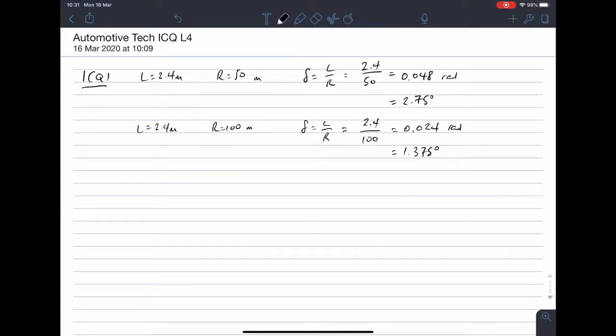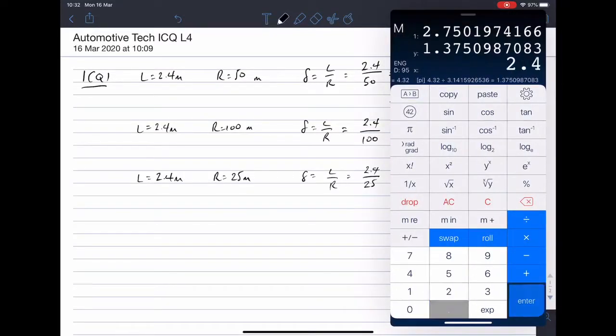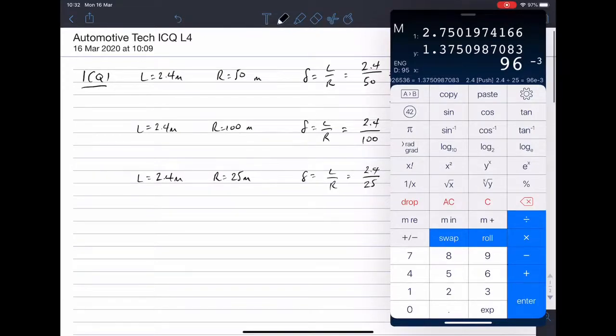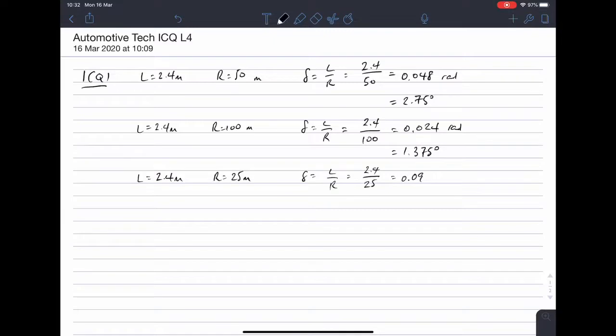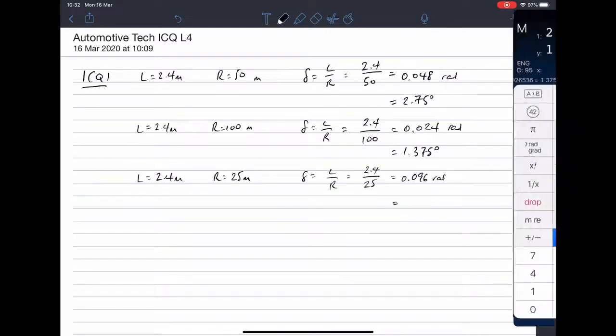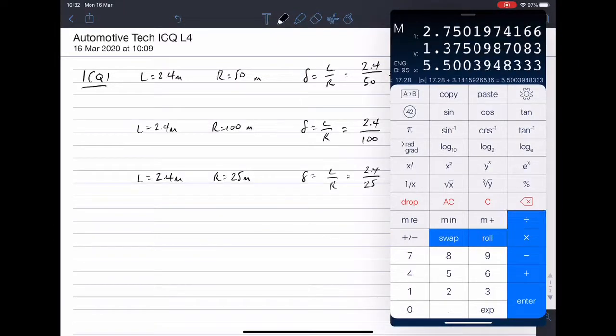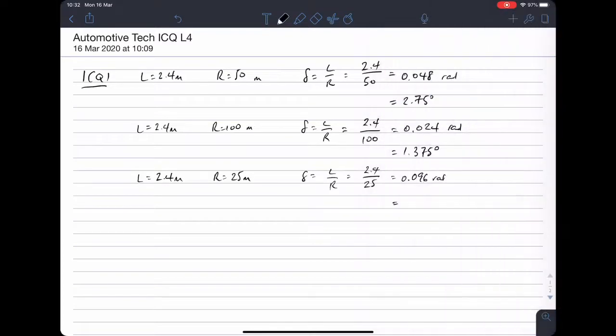Okay. And if we were to do this for a radius of 25 metres, it's going to be twice what it is for 50. Okay. 2.4 divided by 25, 0.096. Okay.